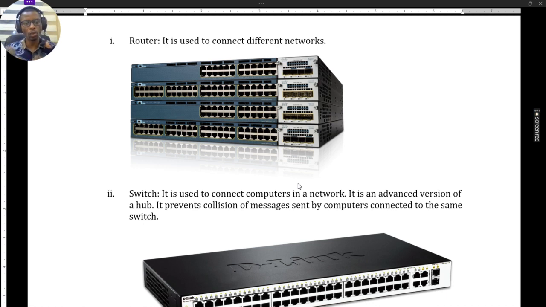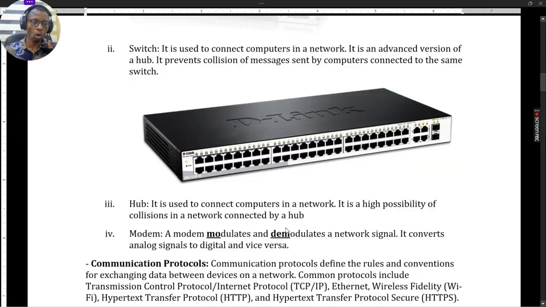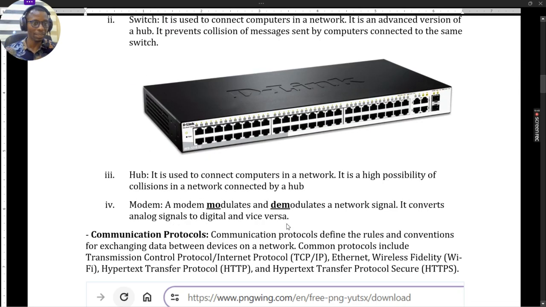So that's what a switch does, which is better than what a hub does. So if you are asked which is better to connect devices on a network, you don't have to think before you think about a switch, because it's more advanced than a hub in every way.